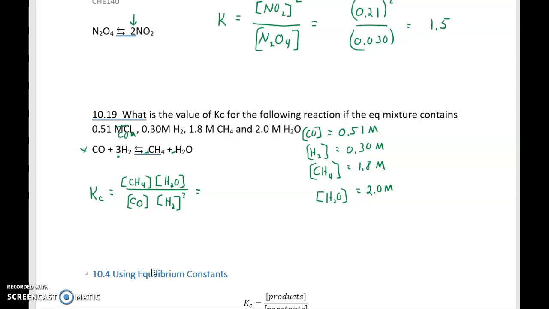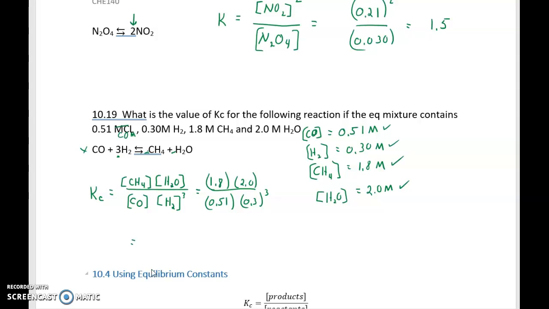So now we can fill in the CH4 or methane is 1.8. The water is 2.0. You can divide that by the carbon monoxide. That looks like copper, but it's supposed to be carbon monoxide, 0.51. And our hydrogen concentration of 0.3, and we're going to cube that.